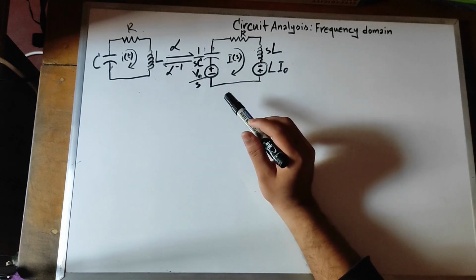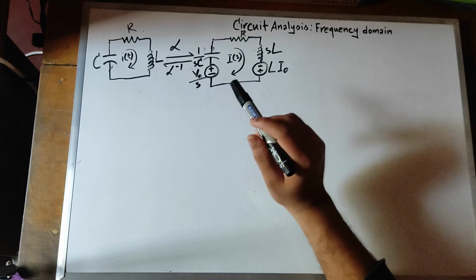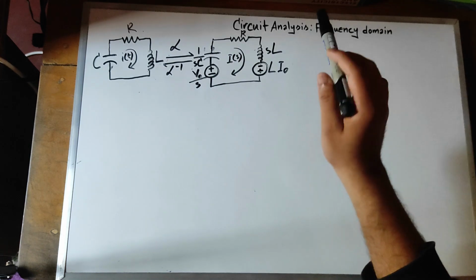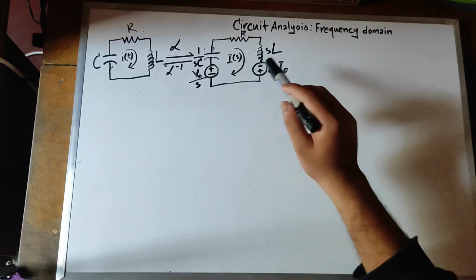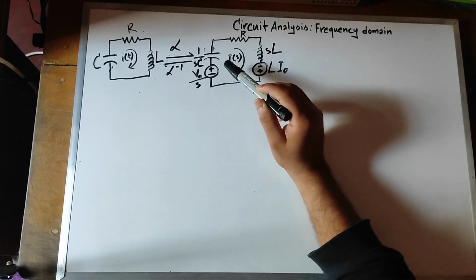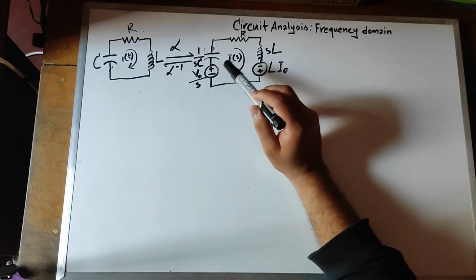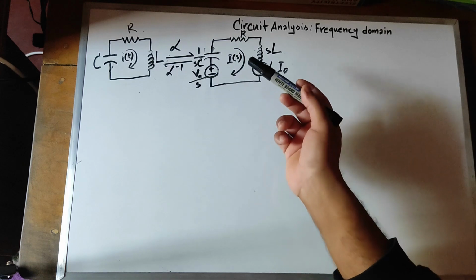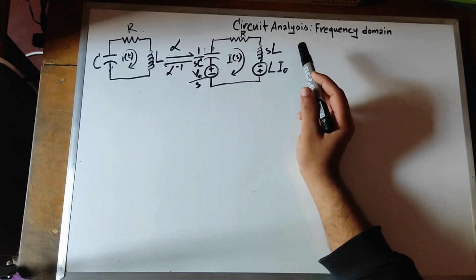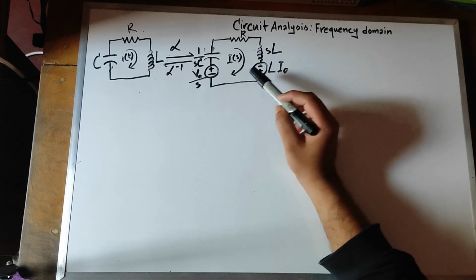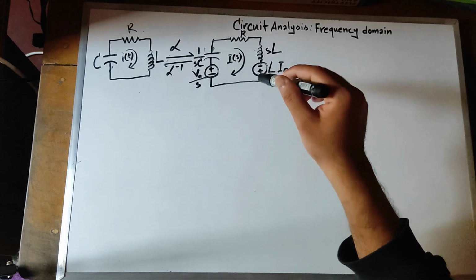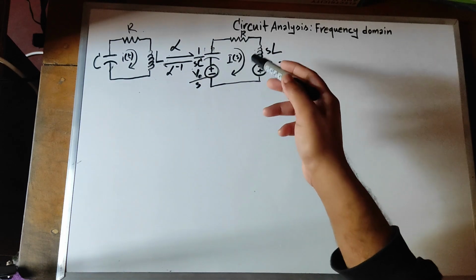The corresponding circuit in the Laplace domain, or frequency domain, looks like this: capacitor, resistor, inductor with the sources for the initial values we have assumed. Now this is also a linear circuit, a linear system, and we can apply KVL and KCL here also.